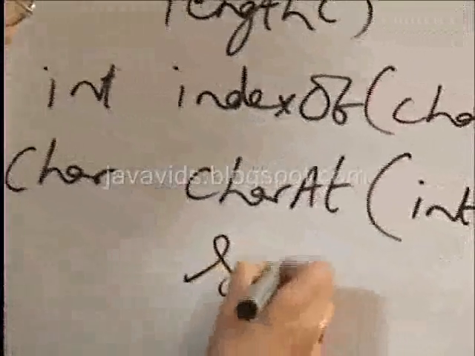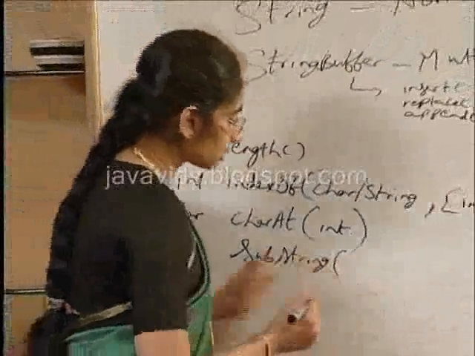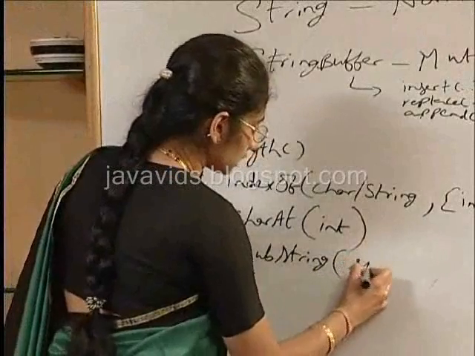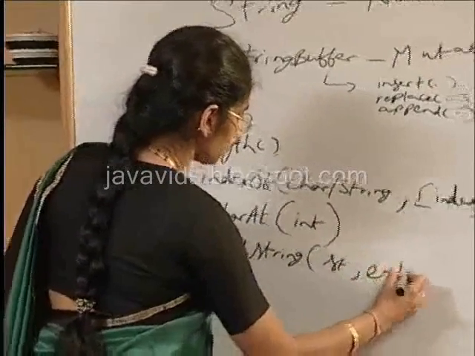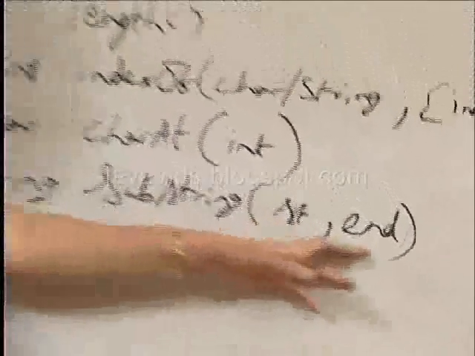We do have the substring. If you want to extract certain portions of a string, you give the starting position comma the end position. It returns a string object again. The end is always end minus 1.